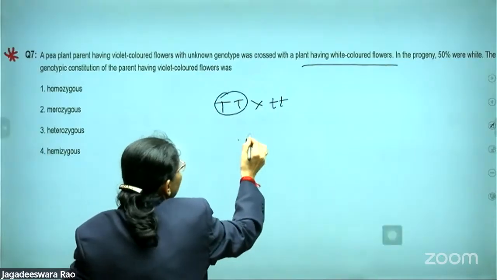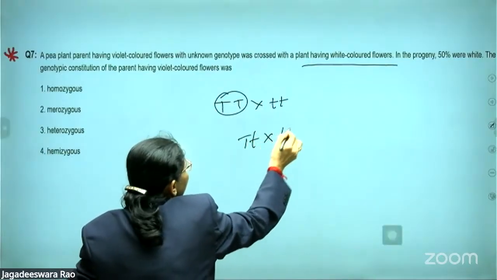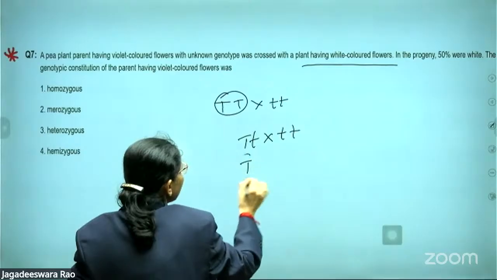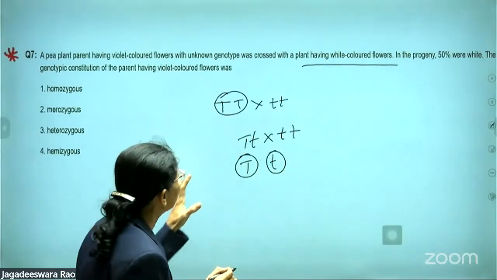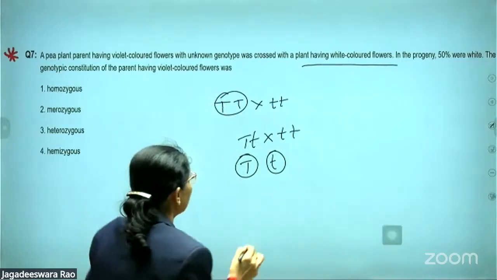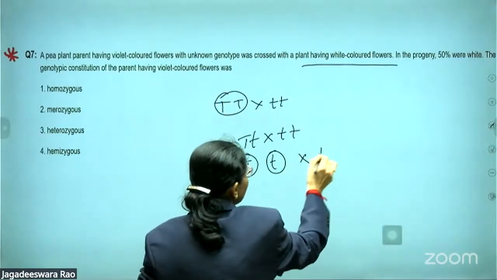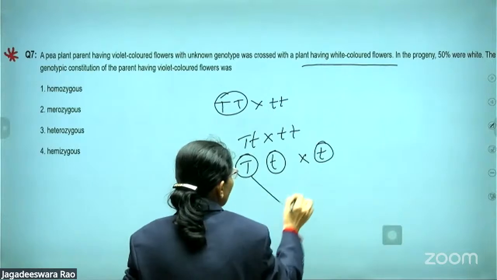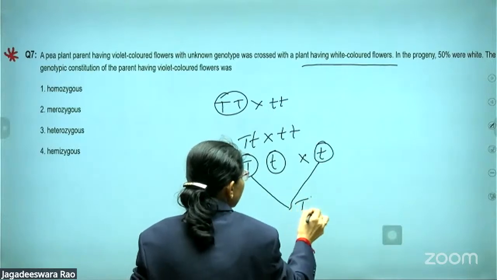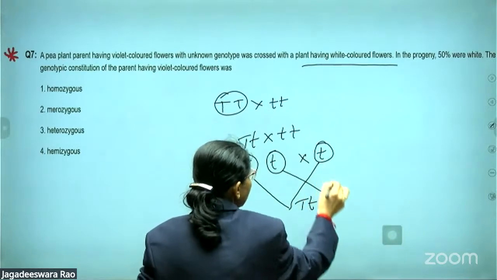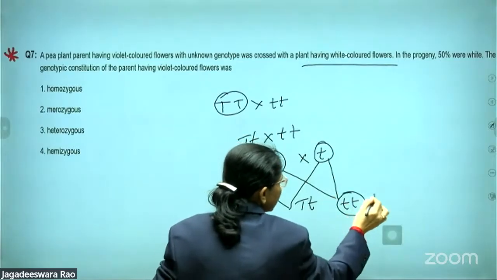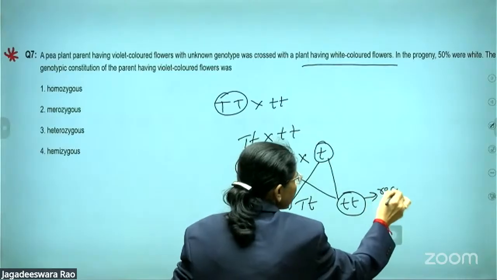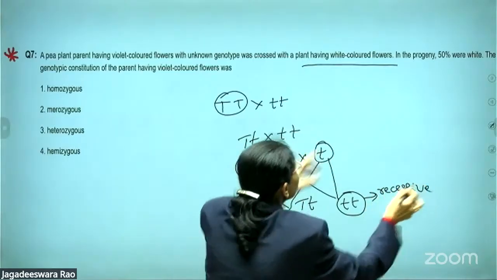You remember we are dealing with the hybrid, and you will get T. This is the example from Mendel's experiment. I can go into violet flower only, but try to understand this so that you can easily solve this question. So this is capital T, small t, and this is small t, small t, the recessive character.